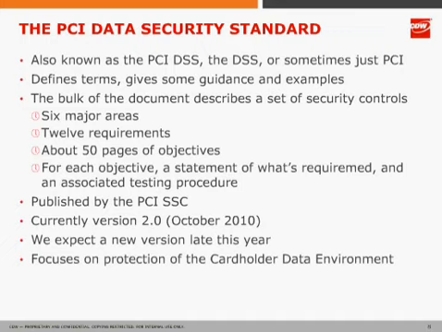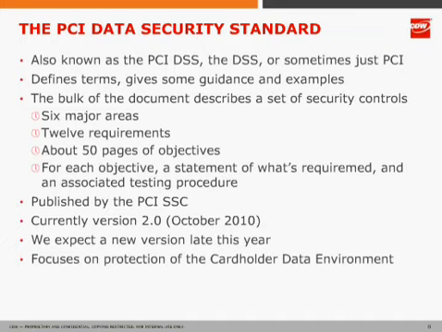The PCI Data Security Standard is very clever. It is focused, laser-like focus, on protecting payment card data. It really doesn't care about anything else. And there's a good side and a bad side to that, and we'll get back to it. But it's really important to bear in mind that if whatever you're talking about in your environment isn't part of the cardholder data environment, you probably don't have to worry about it with respect to PCI. And we'll see how that theme kind of recurs throughout the remainder of the presentation.